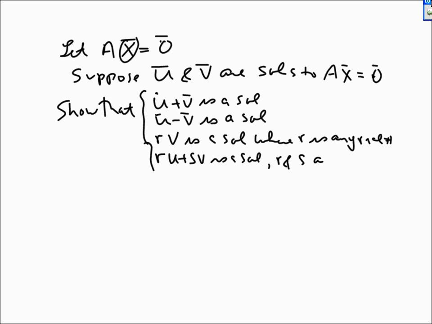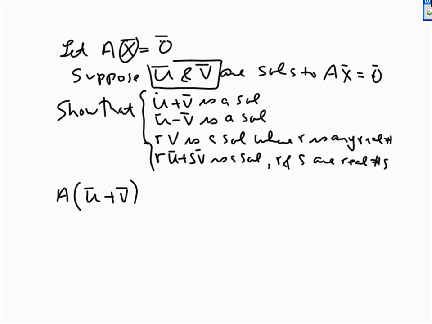R and s are any real numbers. The last one is said to be a linear combination of u and v. What does that mean? That's called coming attractions.